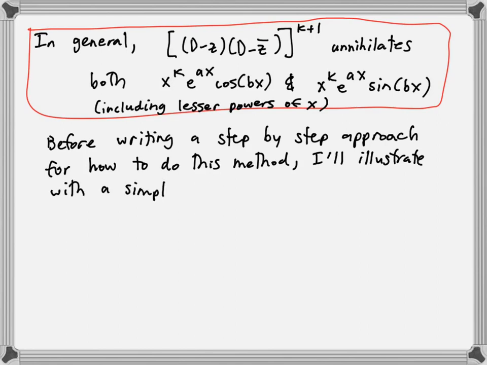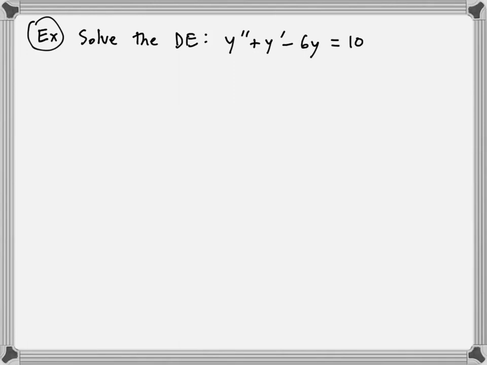This will be an easier example than you will probably get on homework and stuff, but this will just be our first example. I'm going to do some tougher ones as well. Okay, so here's our example. Our example is to solve the differential equation y double prime plus y prime minus 6y is equal to 10 e to the 2x.